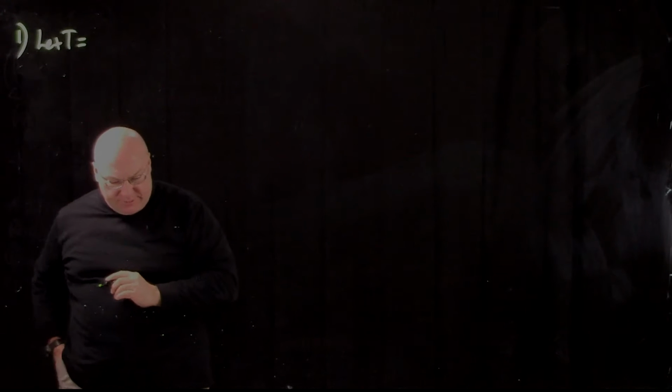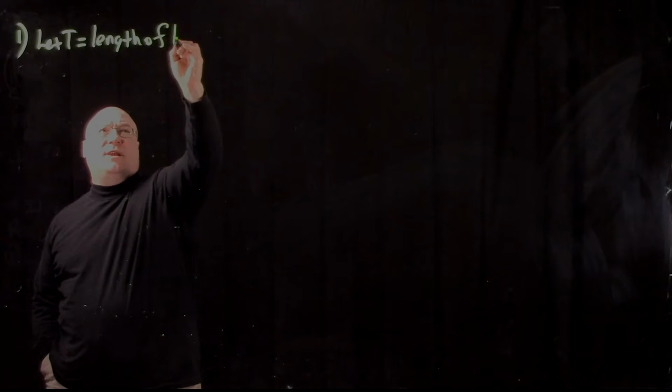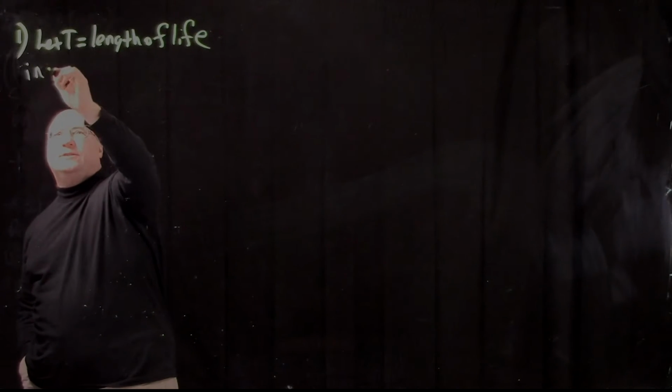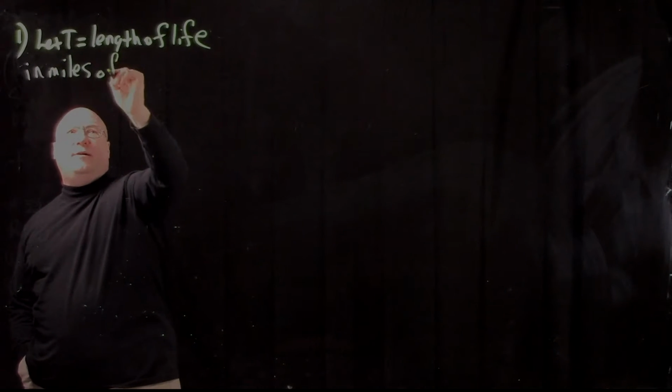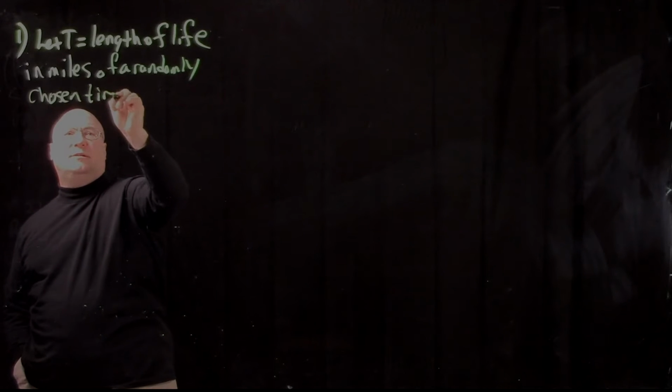All right, we always need to start with defining a random variable, which is our way of saying how do we reach in and pick out a random data point from the population of data. We've got to call that something. So let's say let T equal the length of life in miles, of course, of a randomly chosen tire.